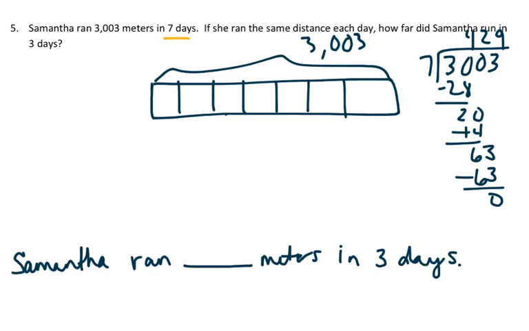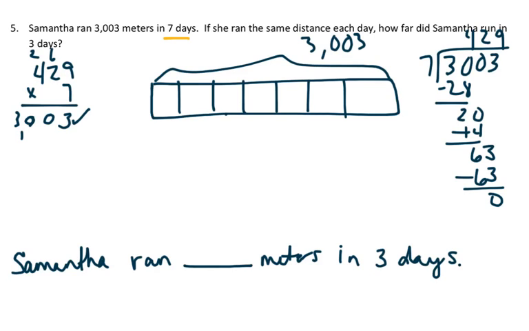And to check her answer, we can do 429 times 7. Okay, so that checks out, 3,003.